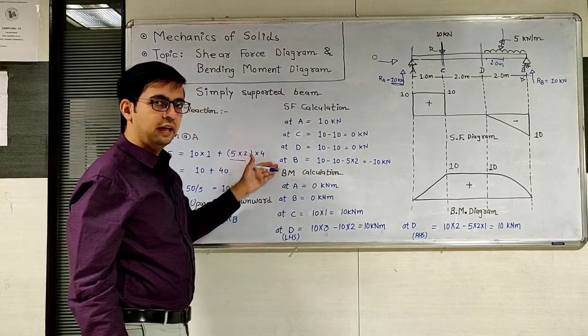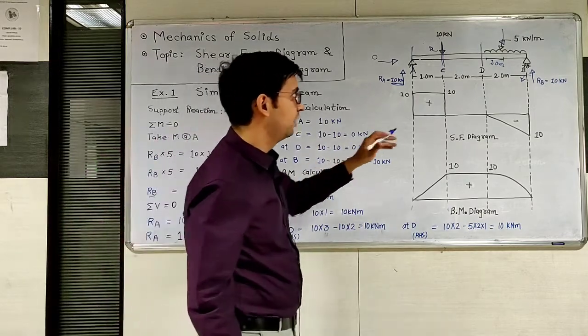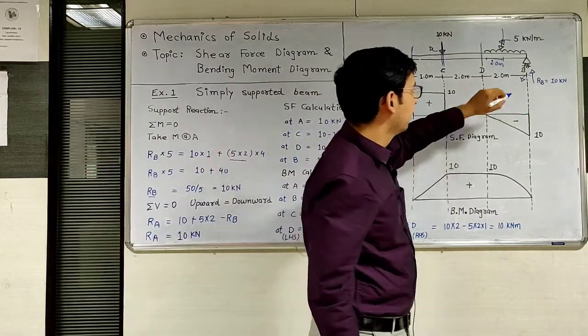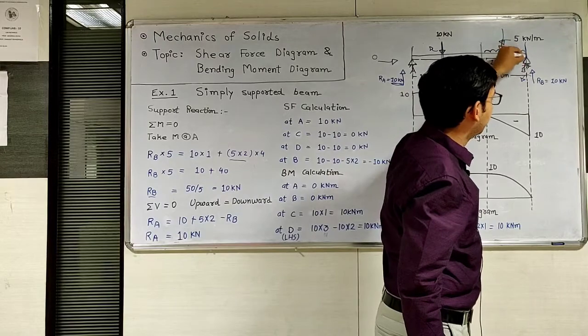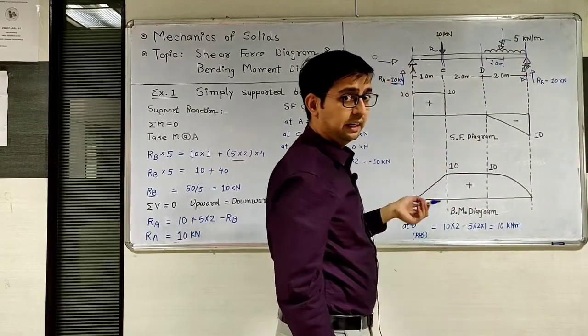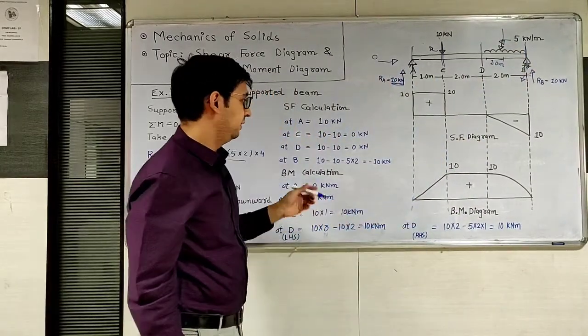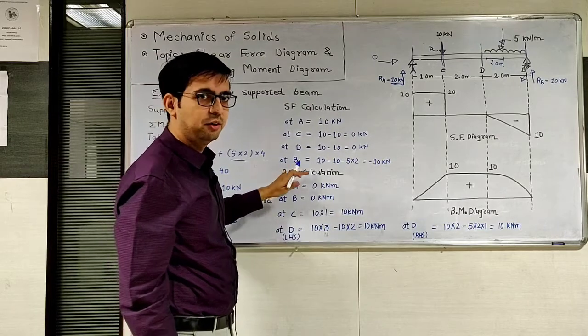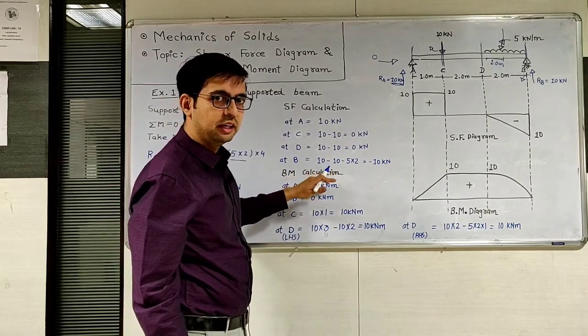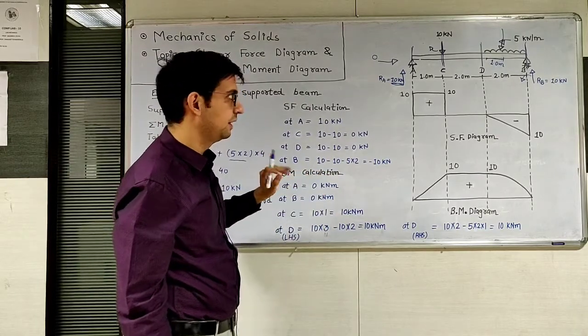Now at B point, which is next to the D, draw a section at the B point, and shear force means algebraic sum of all vertical forces either to the left or right of the section.